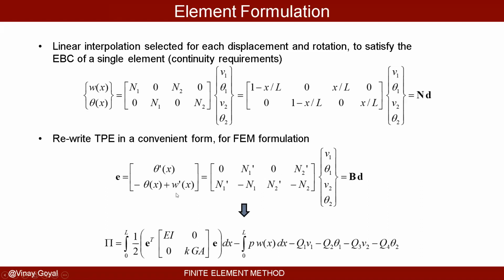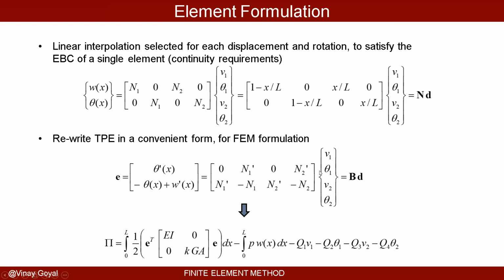For the second equation, I have theta of x plus W prime. And so you can see here that I have this N1 times theta 1 plus N2 times theta 2. And that's why you see this N1 and N2 here. And for W prime, you can see here at the top that W prime is N1 prime times V1 plus N2 prime times V2. You can see that's why you see this N1 prime and N2 prime here.